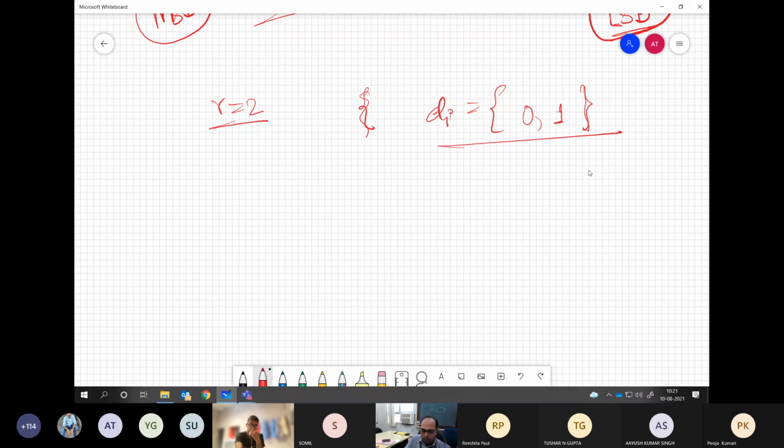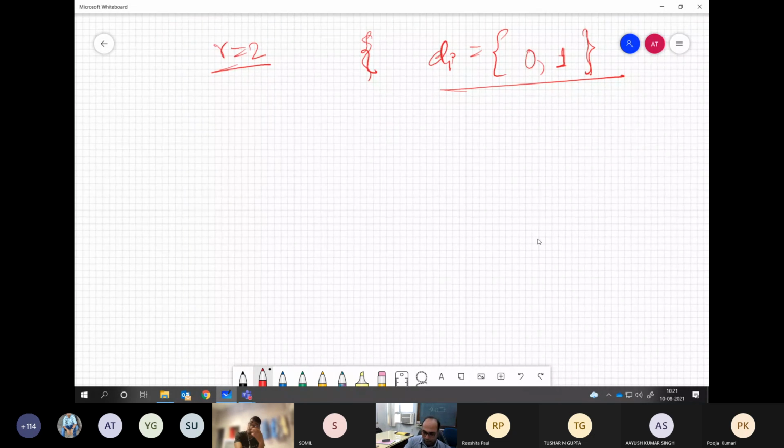These are only two possibilities. Now, a simple example: if I write a number 1011 at base 2, always put a bracket and put the base value so that you understand which number system you are referring to. Now someone asks what is this representing? What is the value of this?